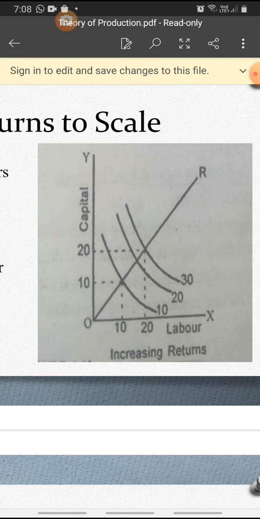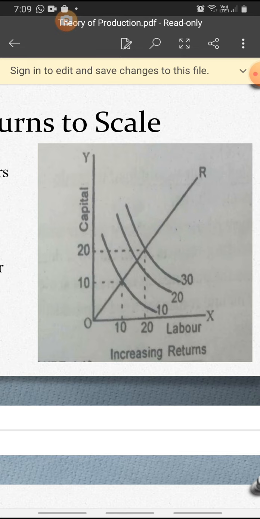The first isoquant gives 10 units of output, the second gives output 20, and the third gives output 30. This means in the second isoquant it takes a larger number of inputs to produce 10 units of output.